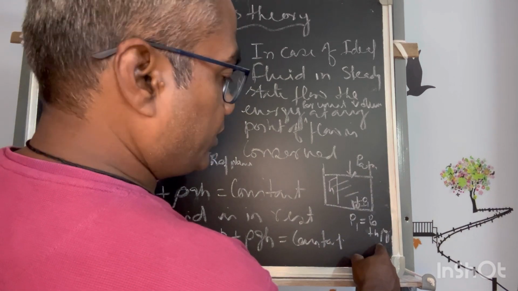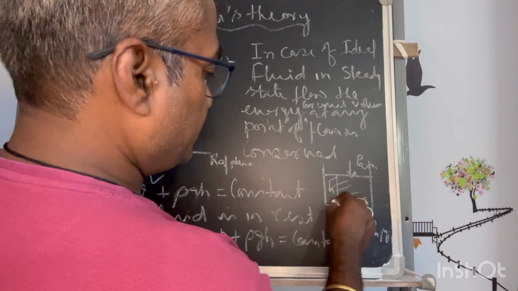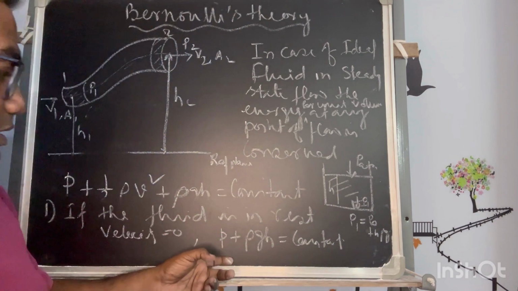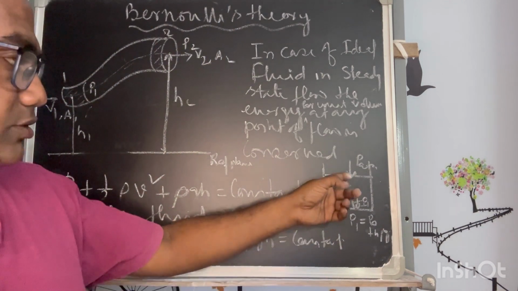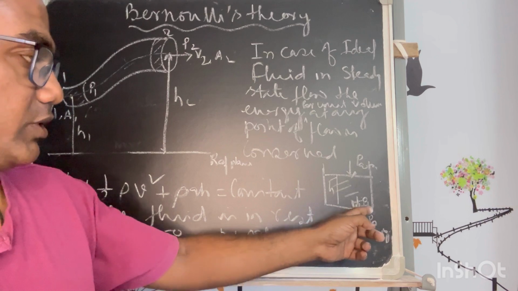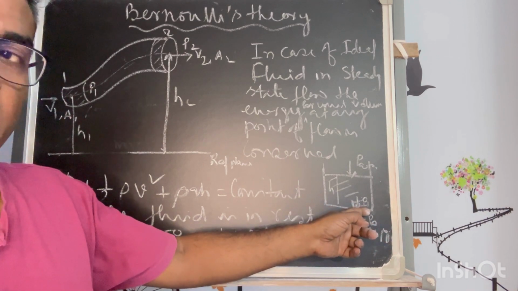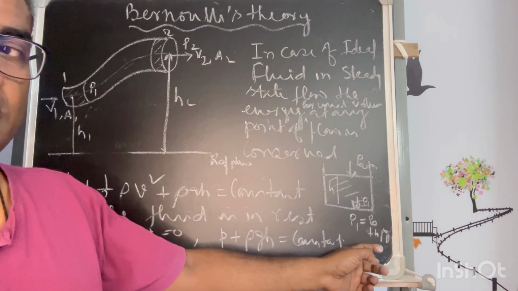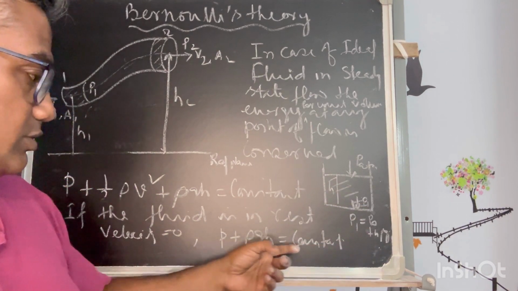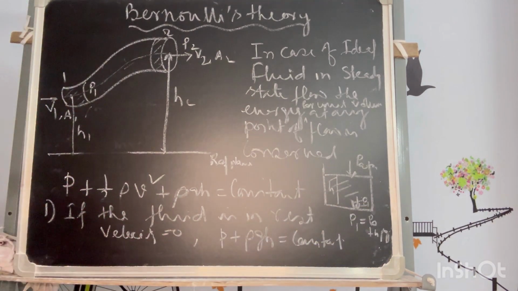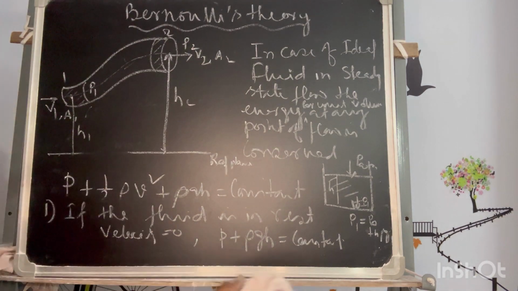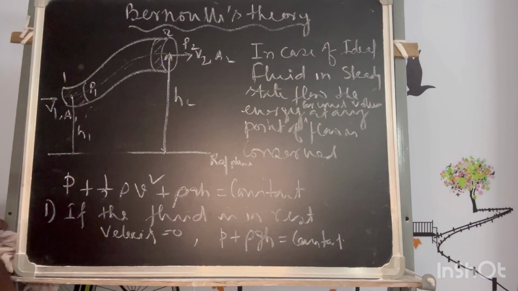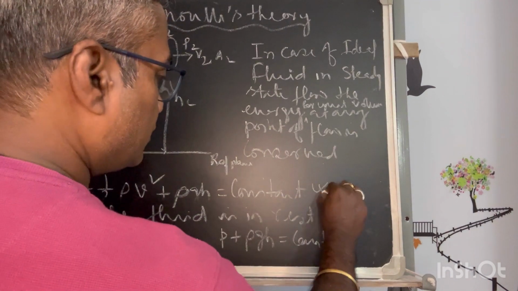So ultimately the P at any point is the same. If it is not flowing, the pressure energy at the bottom, or at any elevation in any cross section, will be the same. That will depend on the height only. So this is constant, just as we study in fluid statics. So fluid at rest can be derived from this Bernoulli's equation.